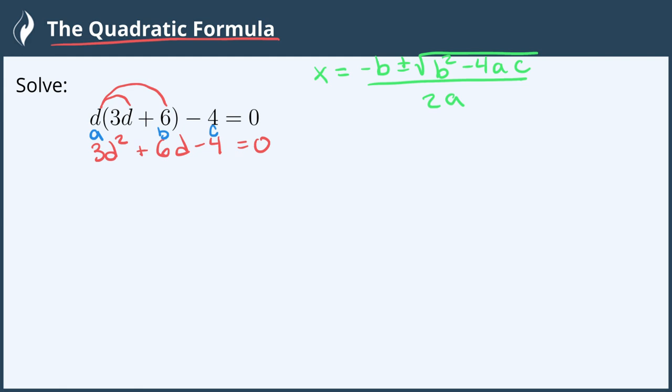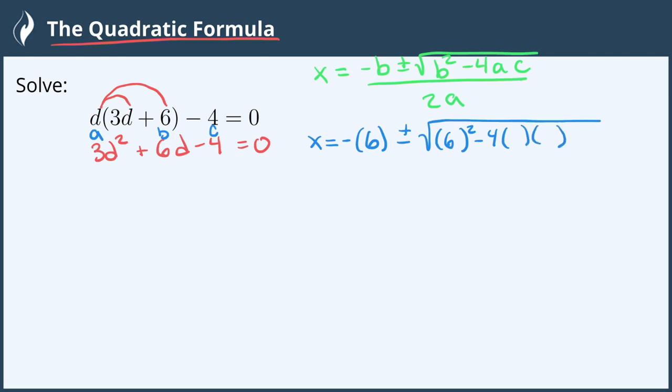So we get x equals negative and put parentheses around where the b is. So we put a 6 here, so we're substituting the 6 in, plus or minus the square root. And again, we put parentheses around the b, and this is 6 squared minus 4, and we'll put parentheses around the a and the c.